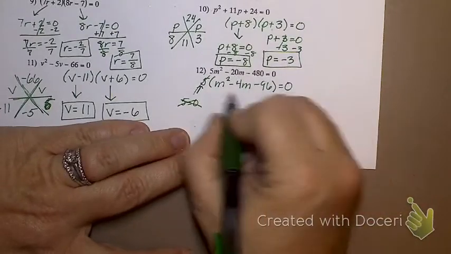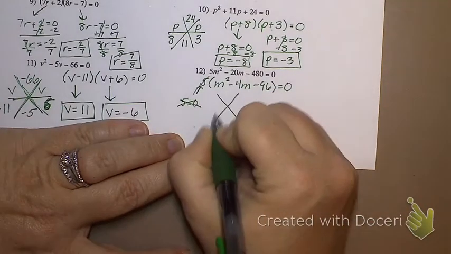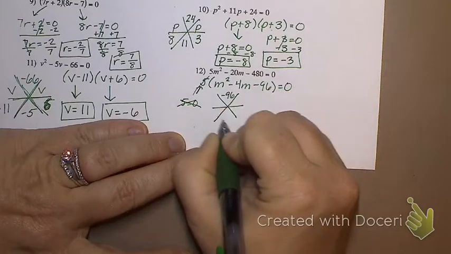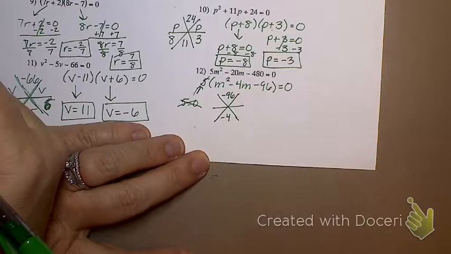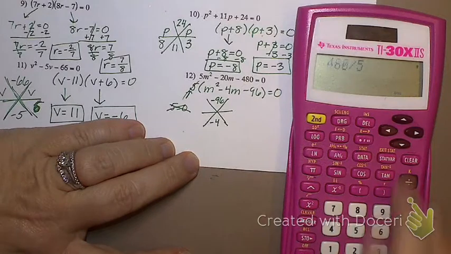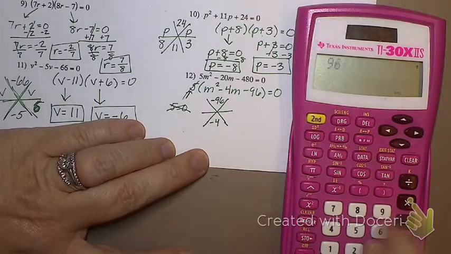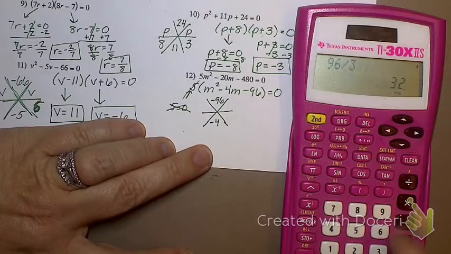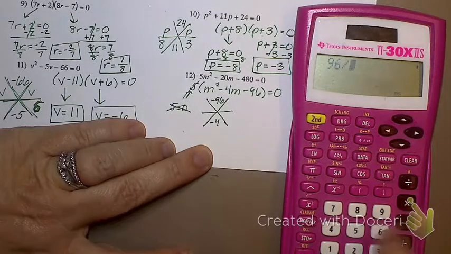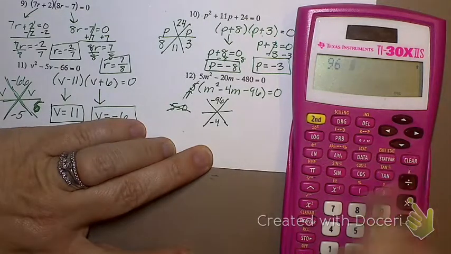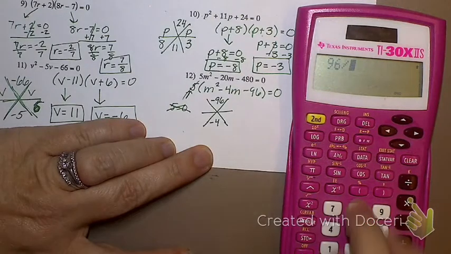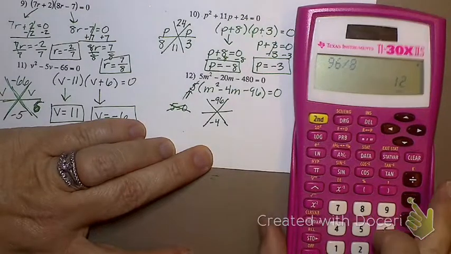Okay? So if I look here and I snowflake this, I have negative 96 and negative 4. So what would my two numbers be that multiply to get negative 96 and add to get negative 4? 96 divided by 2, 2 and 48, no. Divided by 3, 3 and 32, no. 4 and 24, no. 6 and 16, no, but we're getting closer. 7, not a nice number. 8 and 12, I think that's it.